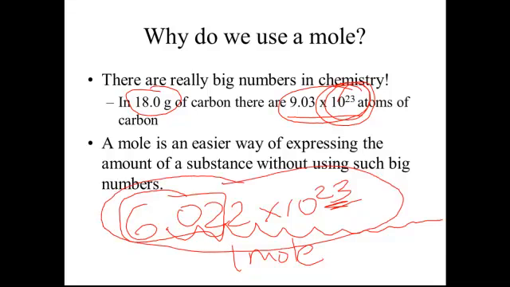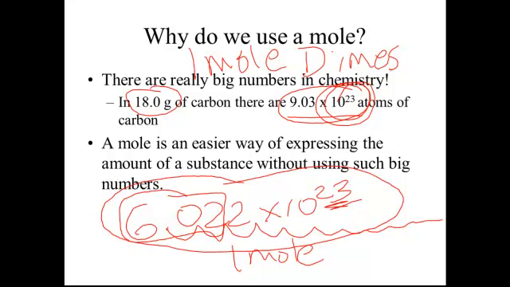That's how big this number is. If you had 1 mole of dimes, that 1 mole of dimes would cover the entire Earth with dimes, and then it would be 10 miles deep. So you would have dimes covering the whole Earth and going 10 miles up into the atmosphere. So it's a really, really big number.